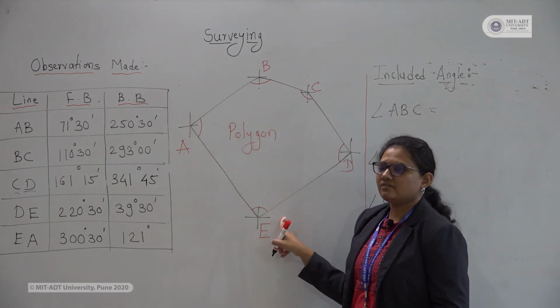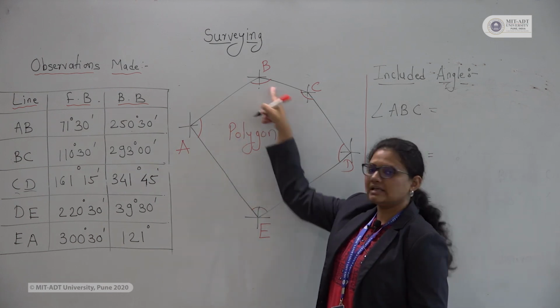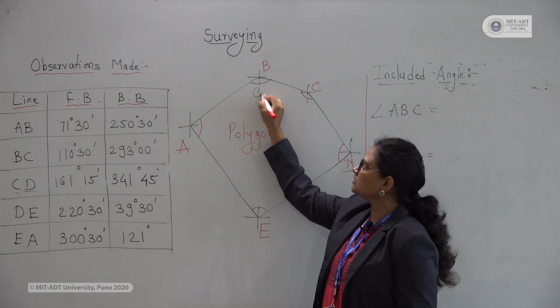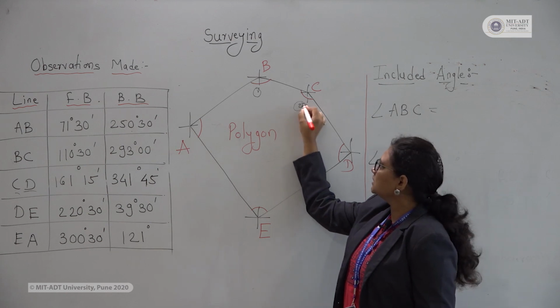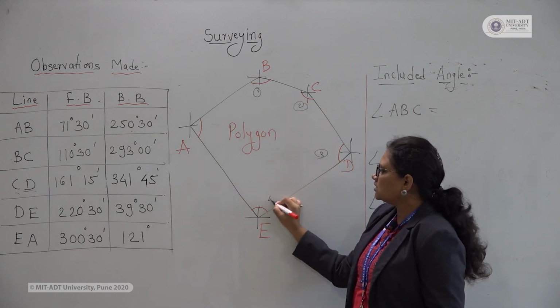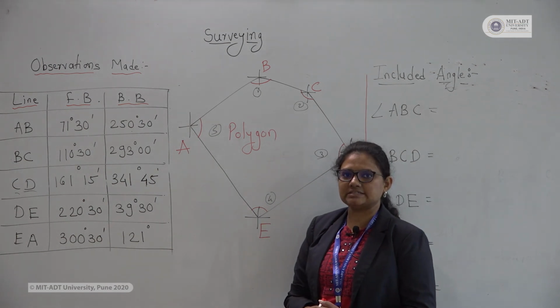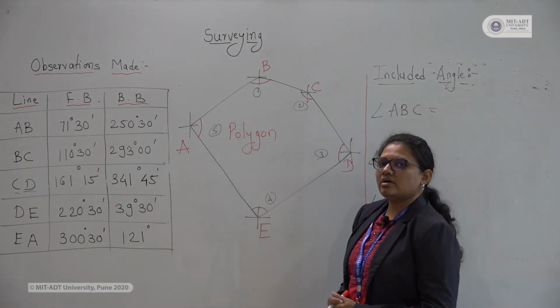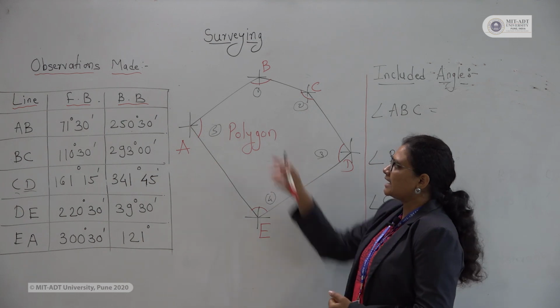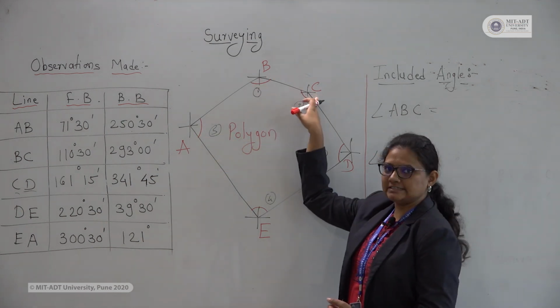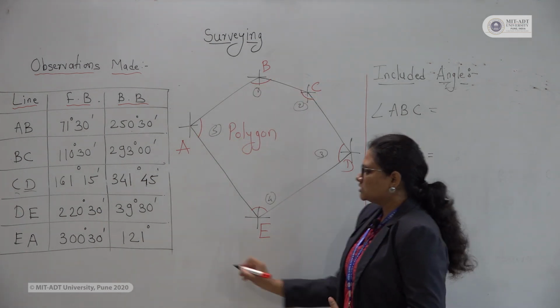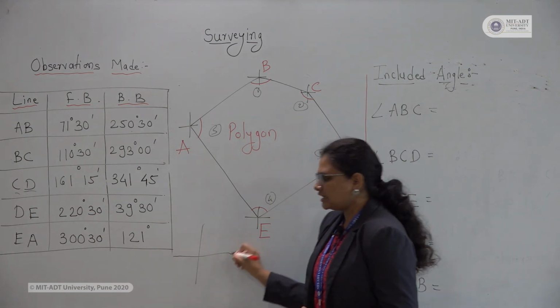So we will start with the angle ABC. We will start from this point, find this angle first, then second, third, fourth and fifth. So these are our included angles respectively. Now if I have to find out the included angle of A, B and C, I will draw an elaborative sketch.